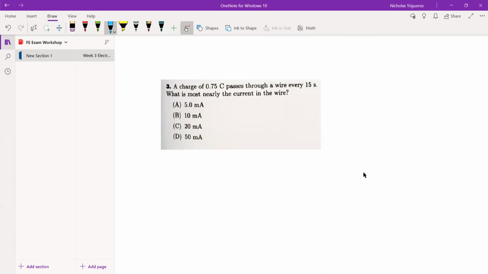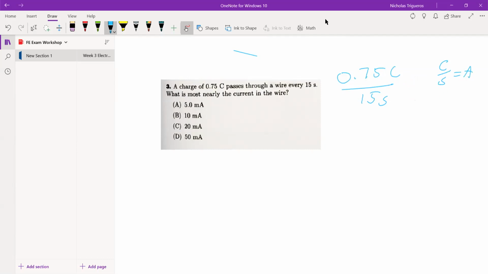Well, if we just take this 0.75 charge divided by 15, let me write straight for once. That gives us coulombs per second, which is amps, isn't it?